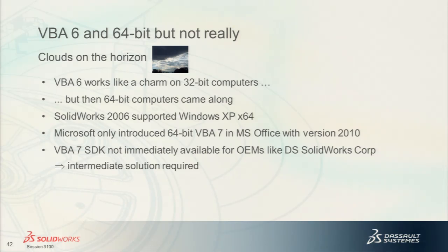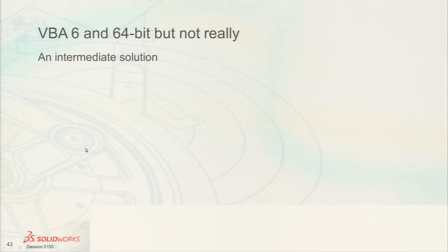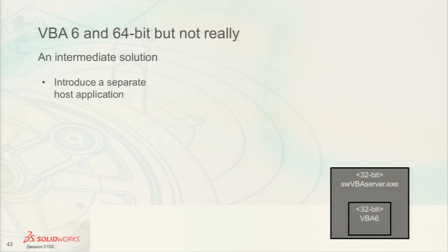Until 2013, we had to live with this intermediate solution, which I'm going to explain. And it will come back later, because it will be one of the tricks we also have to use to keep your macros running. But what does our intermediate solution look like? We had to introduce a separate host application.